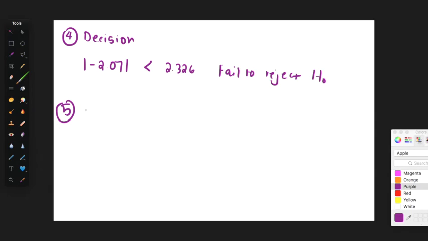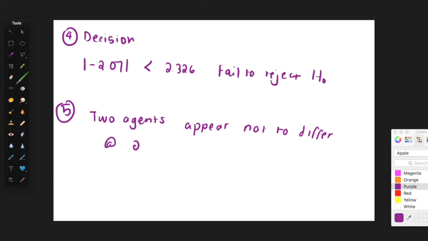So you need to write that there is insufficient evidence to reject H naught. Therefore, the two agents appear not to differ. And this is in your notes as well, at the 2% significance level. Okay, and that is the end of example 1.